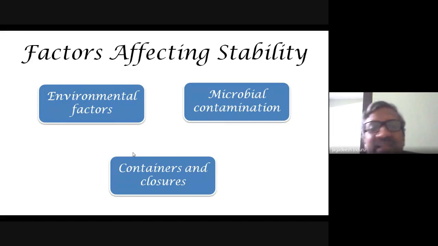Of course, the second parameter which is going to have an impact is called microbiological contamination, by invisible organisms which enter our product and damage or cleave our product, like bacterial contamination, fungal contamination, or viral contamination, which is going to cause damage and impact the stability.